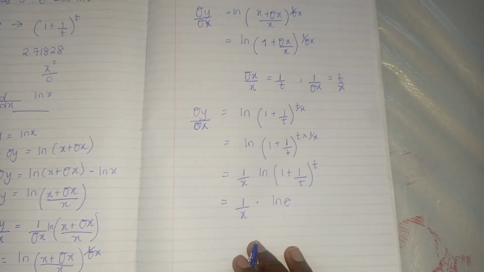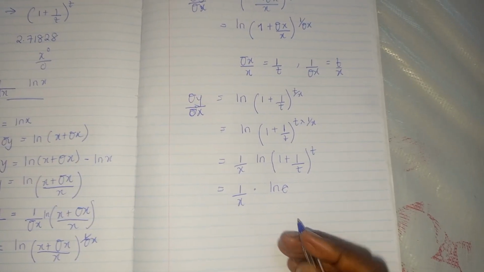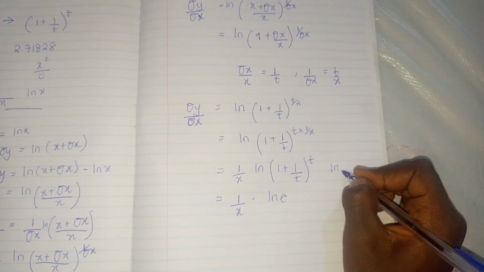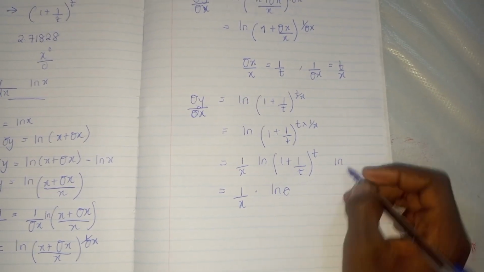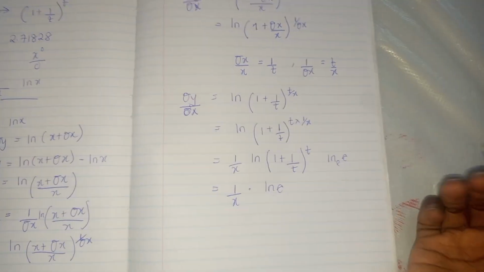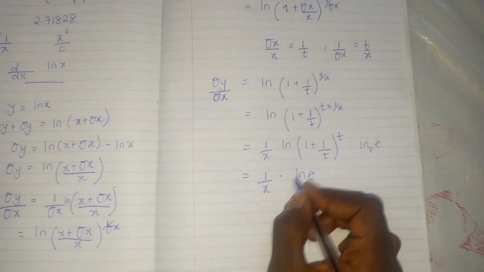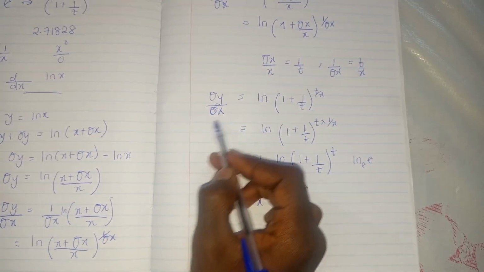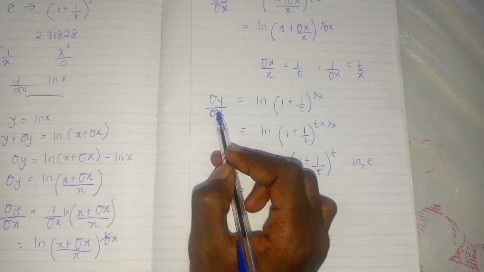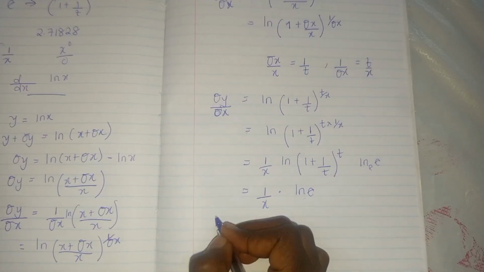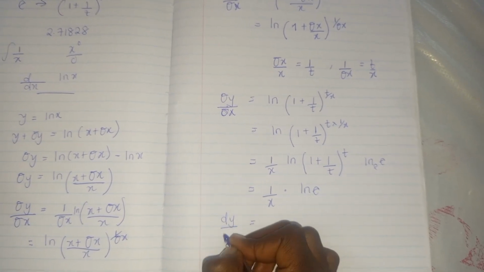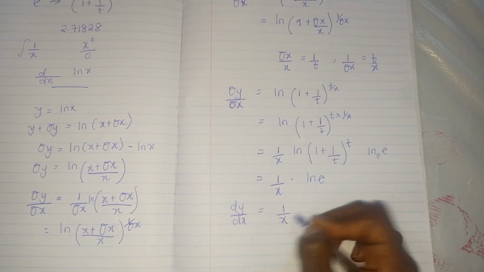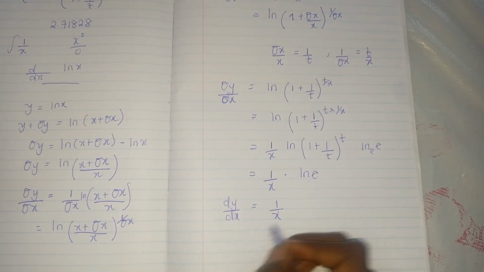So we know that according to the rules of logarithms, again, whenever we have two similar bases like ln, we know there's already an invisible e here, e in base e. So this means 1, so that's equal to 1. So therefore we can replace the ratio with dy/dx equal to 1 over x. So this will multiply by 1, so it will give us the same 1 over x.